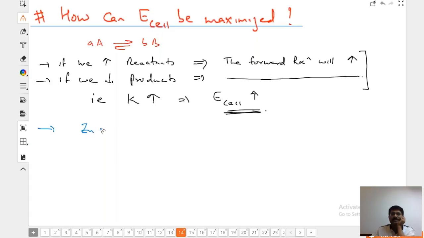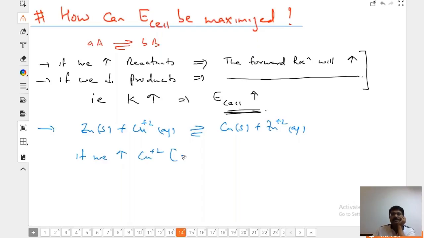See it in one more way. If you have zinc solid plus copper 2+ aqueous in equilibrium with copper solid plus Zn 2+, answer, beta: if we increase copper 2+, that is the concentration of the species getting reduced, will the EMF increase or decrease?